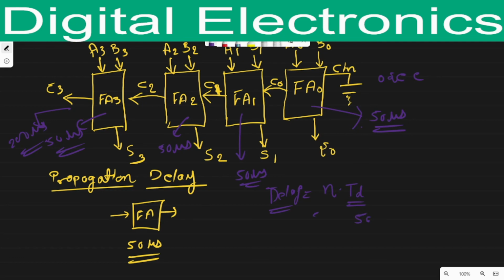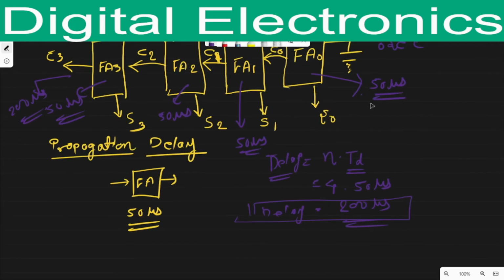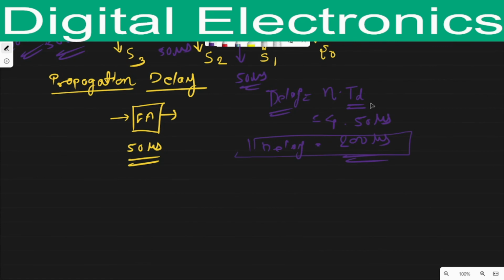Here, if the propagation delay is 50 microseconds and the number of full adders is 4, the total delay of our binary adder will be 200 microseconds.